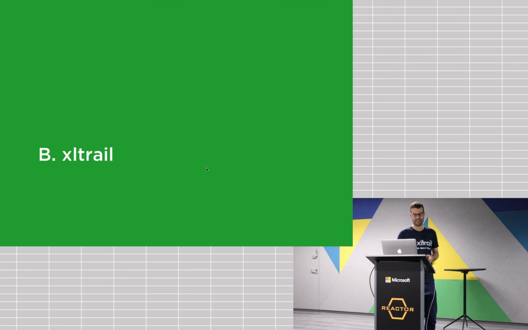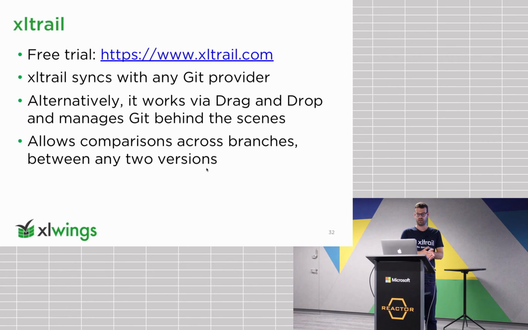All right, then the other tool that I would like to present is obviously our own solution to the issue, which is basically a GitHub for Excel files. So Excel Trail is, as I said, a web-based application. You can try it out on your own. There's a free trial.